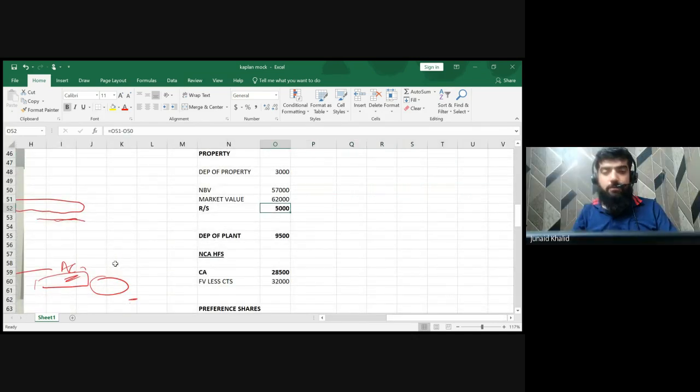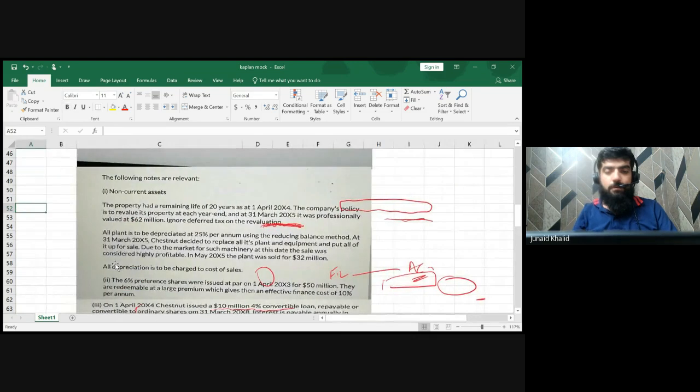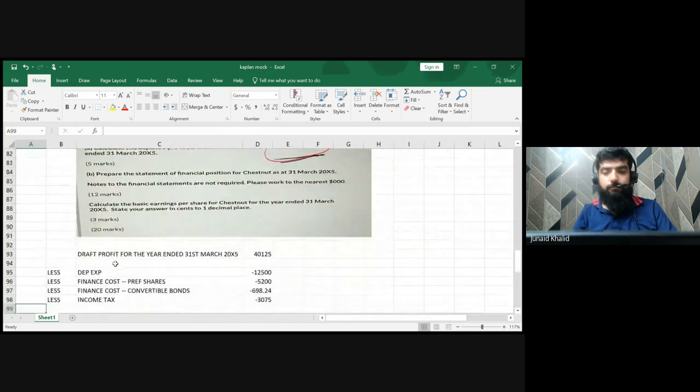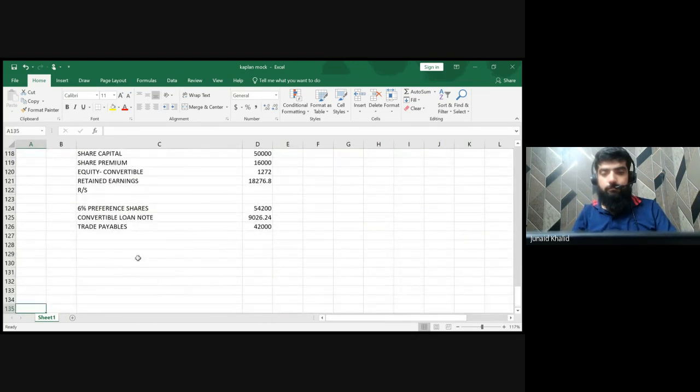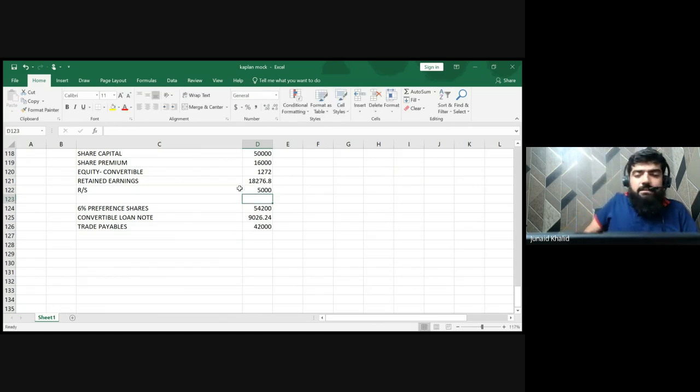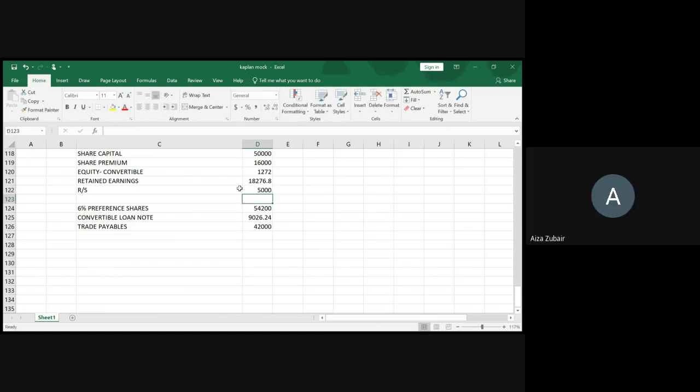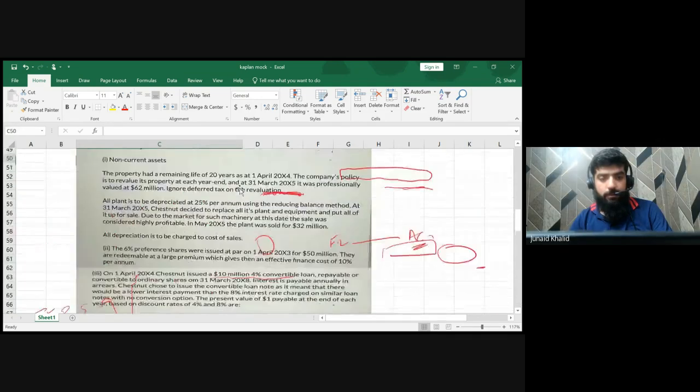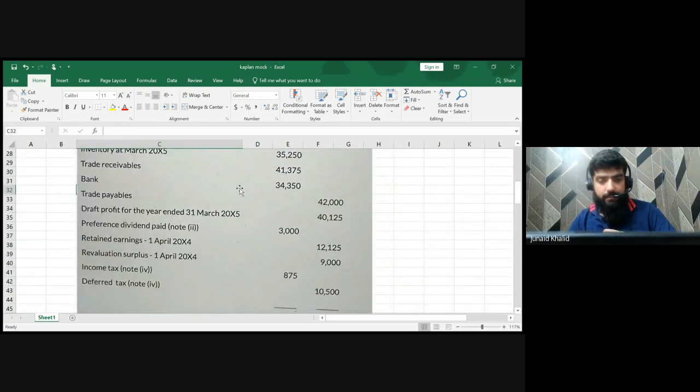Yes, it's 5,000. Anything else? Do we take the revaluation surplus from the trial balance as well? There is no revaluation surplus on the trial balance, I guess. Yes, there is, 9,000. Very good, very good.